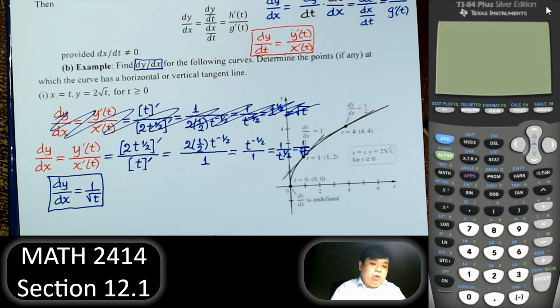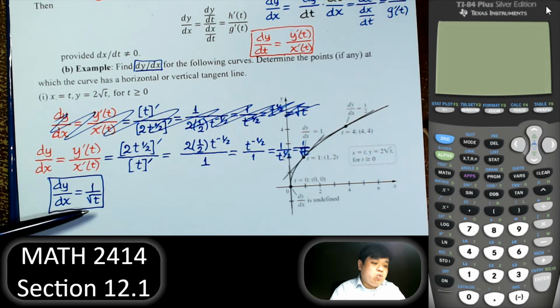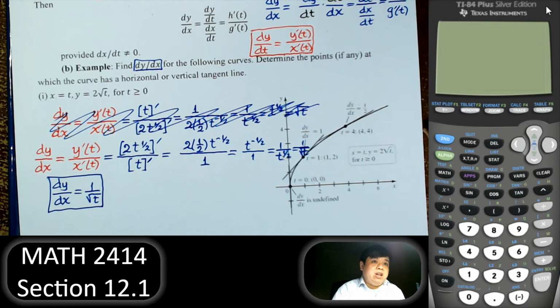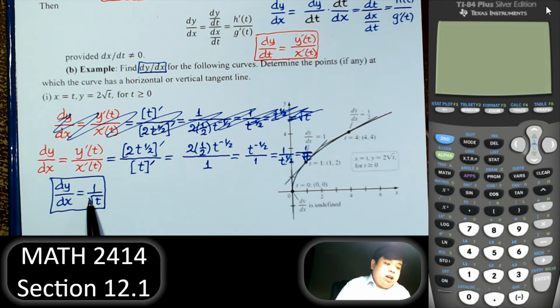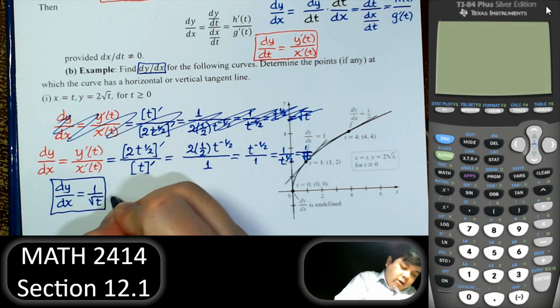Right. Now for this, which value of t will make this one horizontal, and which will make it vertical? A horizontal tangent line is where the slope is equal to 0.